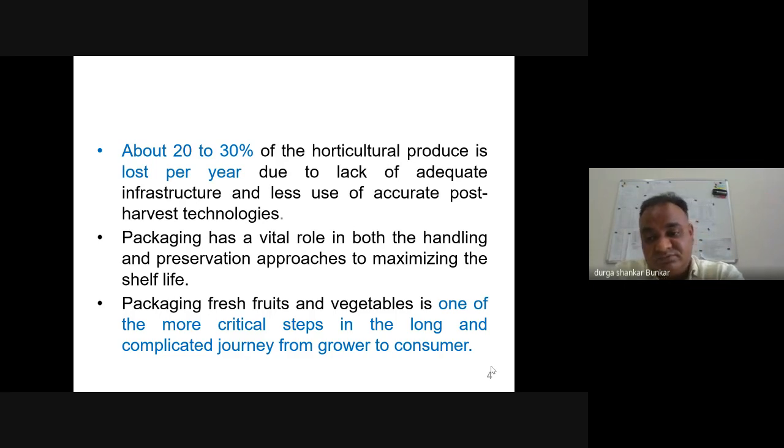The title of this workshop is also focusing on how we can double the farmers' income. If we want to achieve this goal, we have to focus on reduction of losses and enhancing shelf life.